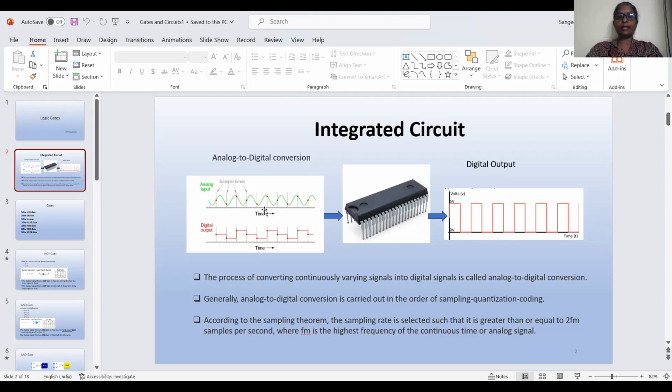Now, how do we convert this continuous signal to a digital signal? Let me assume a continuous signal like this, f of t versus t.